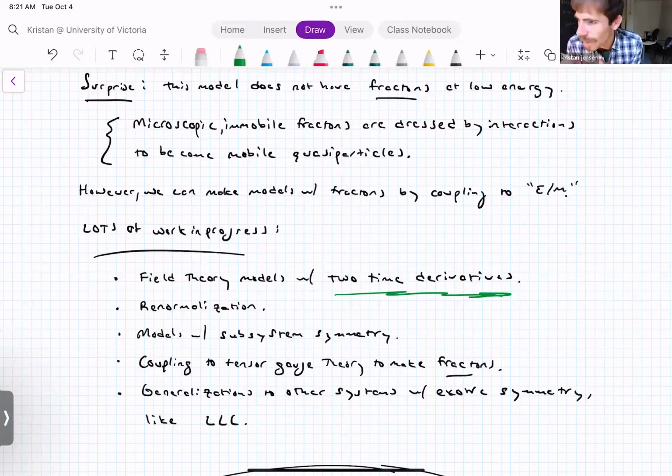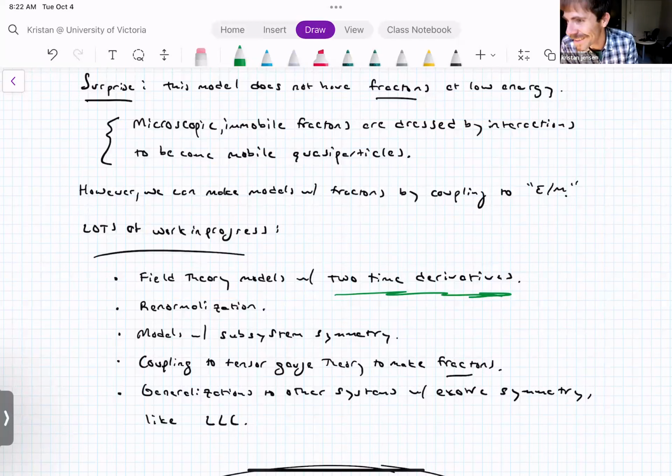Right. So why did I do one-time derivative in the model that I presented? The reason was merely technical convenience. What happens with one-time derivative is that the Dyson equations are just much simpler to solve. With Amir, we have a project that we're writing up now where we study the models with two-time derivatives. You can ask, in everything that I wrote above, what is going on with renormalization?